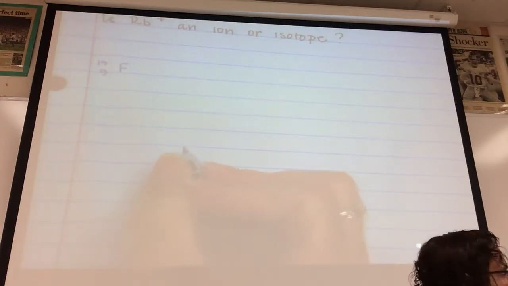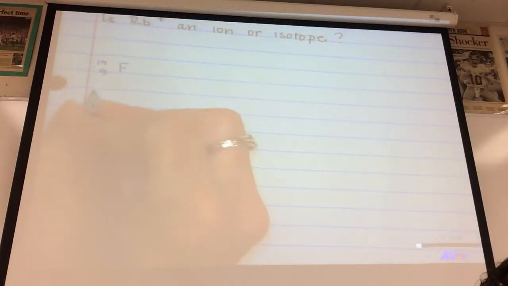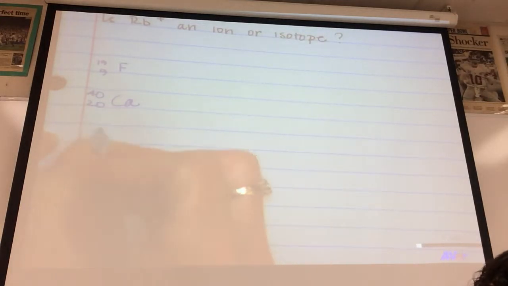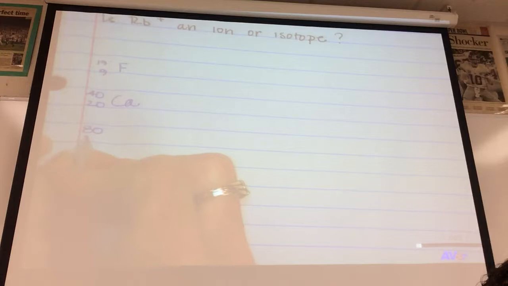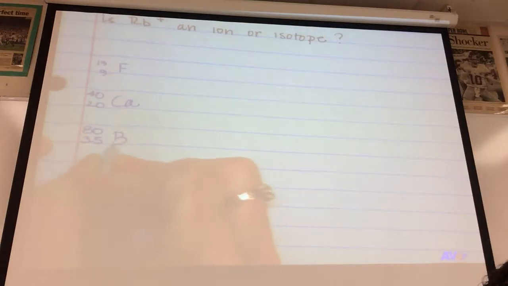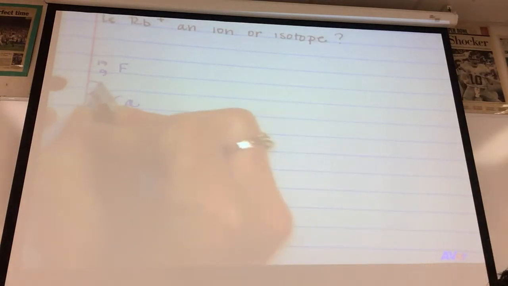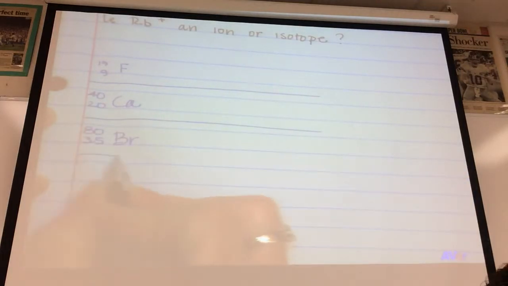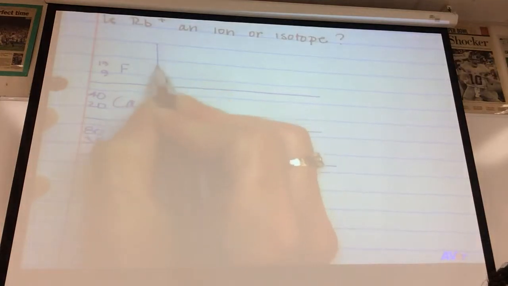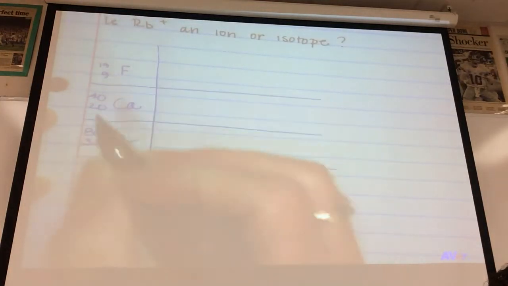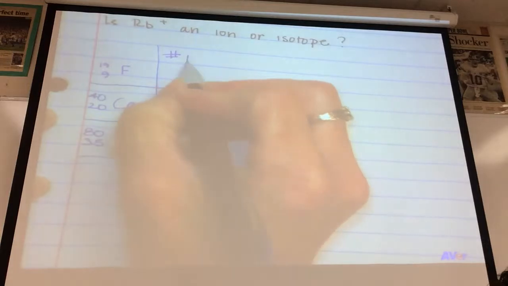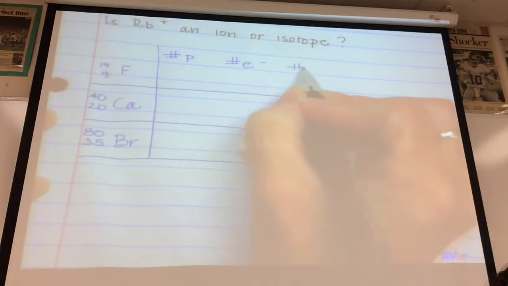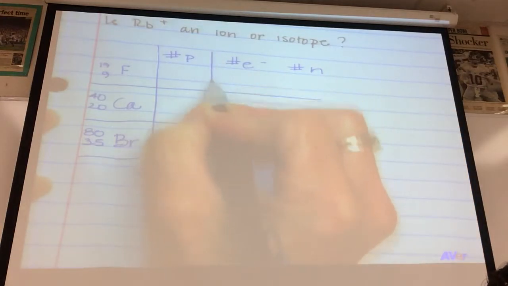That's good. Calcium. Try a little bigger. And bromine. And we want to figure out protons, electrons, and these are the abbreviations I mentioned the other day.